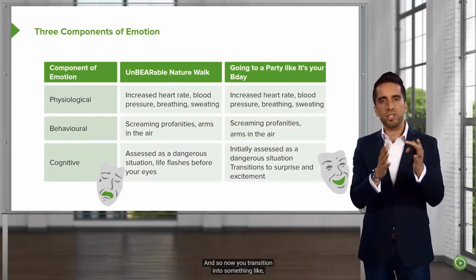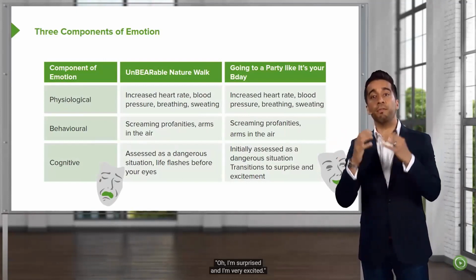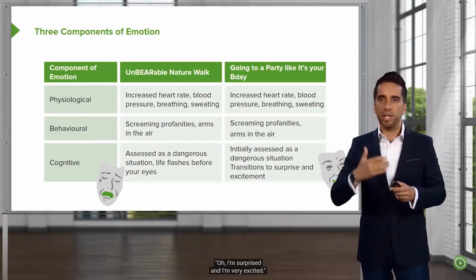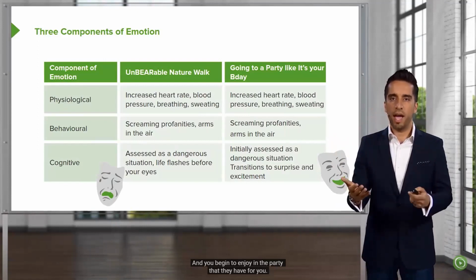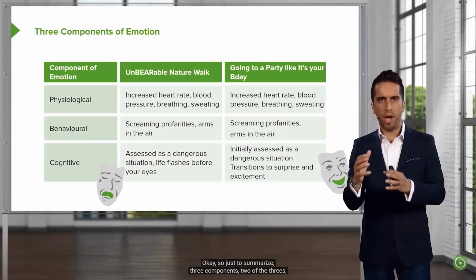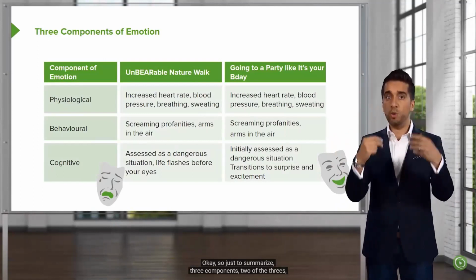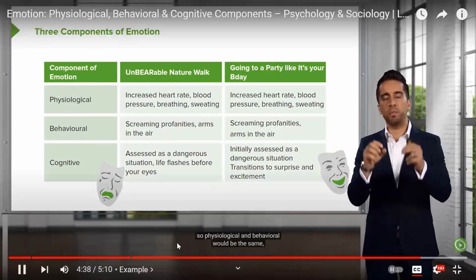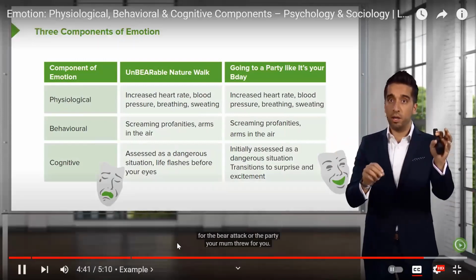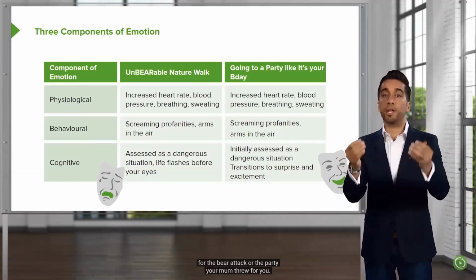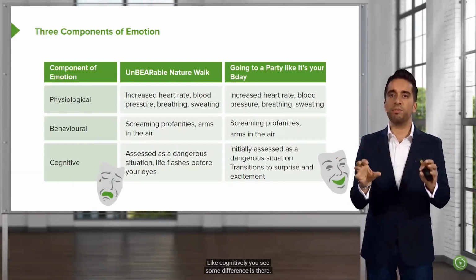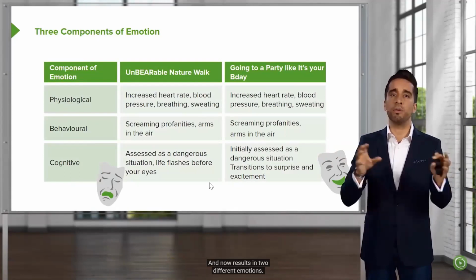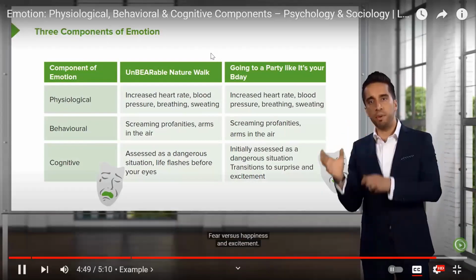And so now you transition into something like, oh, I'm surprised and I'm very excited. And you begin to enjoy the party that they have for you. Okay, so just to summarize, two of the three components, physiological and behavioral, would be the same for the bear attack or the party your mom threw for you. Cognitively, you see some differences there, and that results in two different emotions, fear versus happiness and excitement.